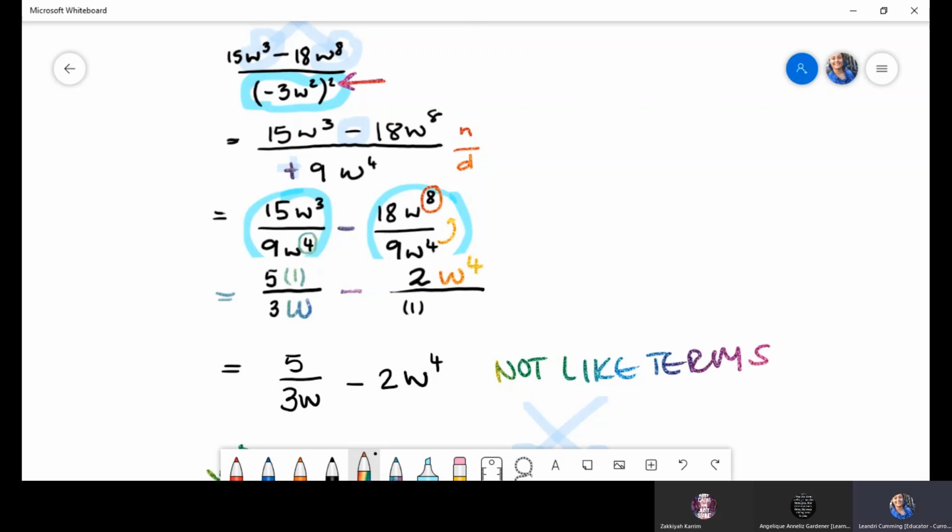Like terms may only be added or subtracted if the variable and the power is identical. Like terms may be added and subtracted when coefficients are different. The coefficients do not determine whether it's a like term. The like term is determined by the variable and its exponent.